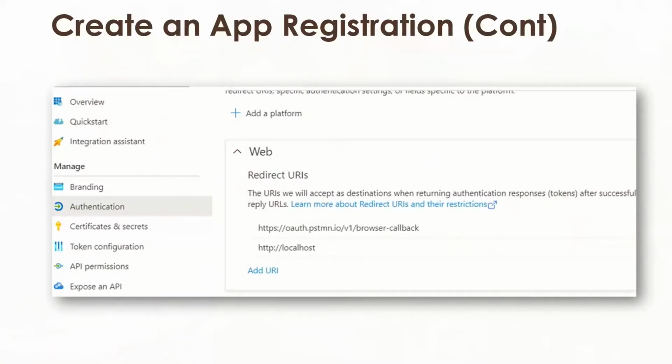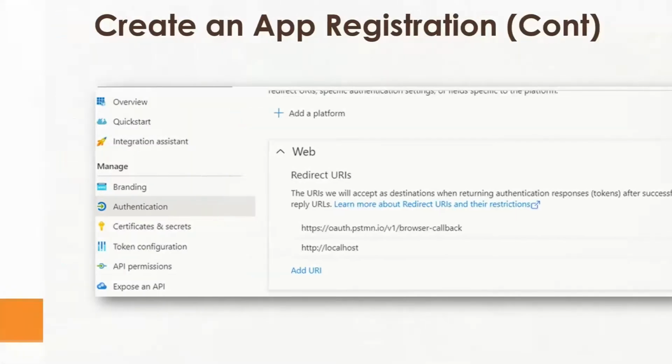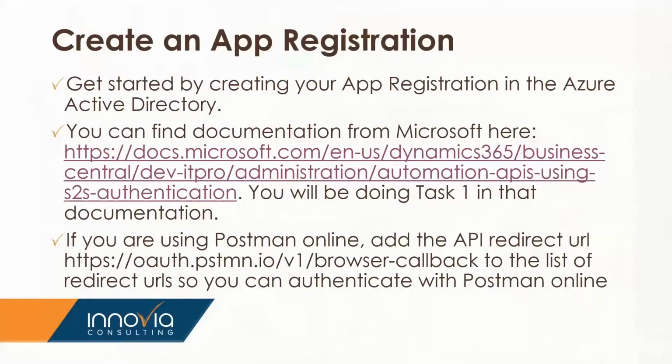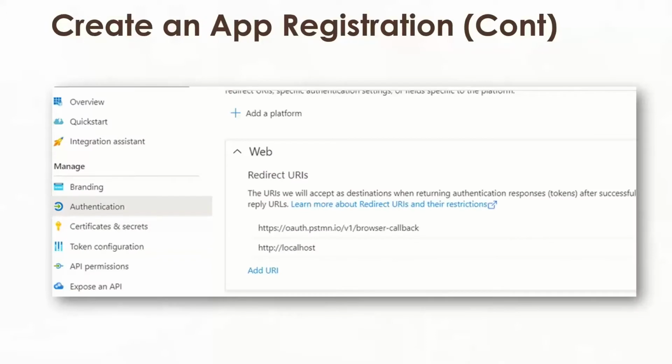And it's actually not that bad to create your app registration. You go into your Azure Active Directory, you just basically go to your new registration button, and you go through that wizard. It's a small wizard, and you create your app registration.